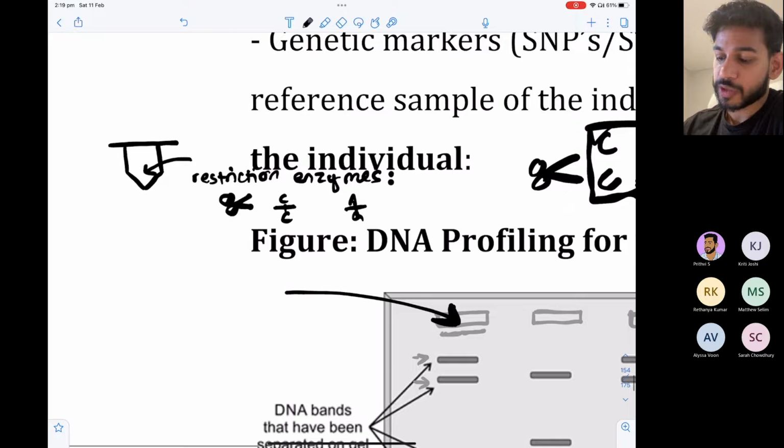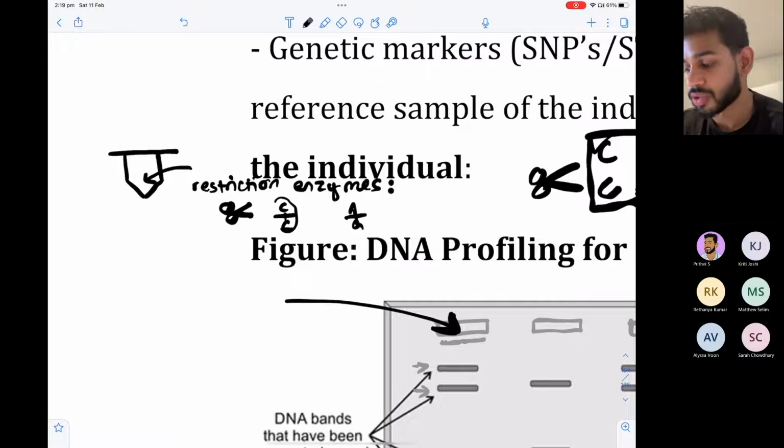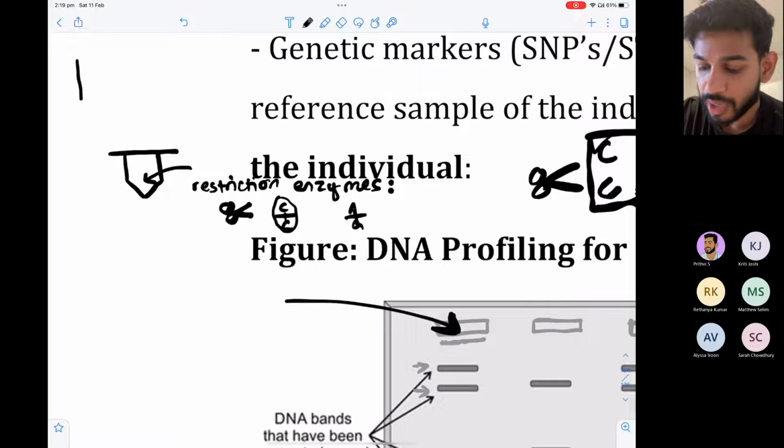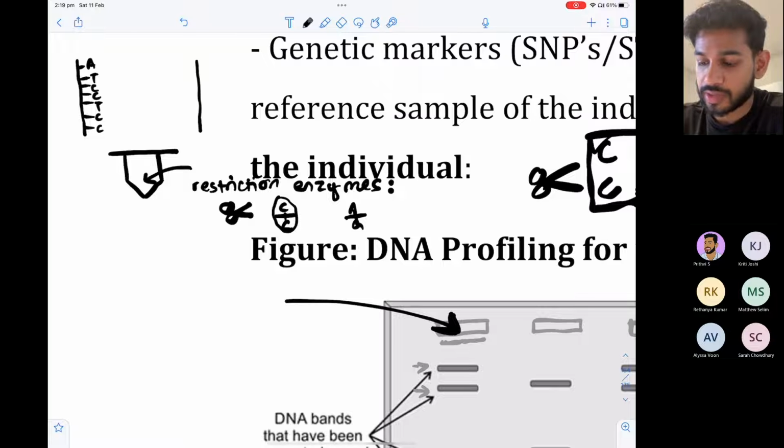Okay, so let's say we have two people. Let's say we use a restriction enzyme that cuts between two cytosines. Let's say person 1 has A, T, C, C, T, C, C. That's their DNA sequence. I'm not writing the other strand, the complementary sequence, just for the interest of time.